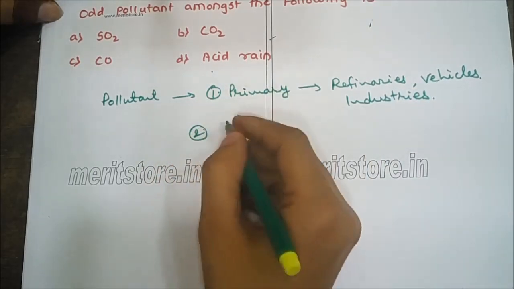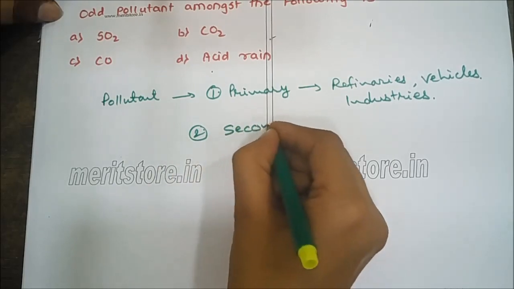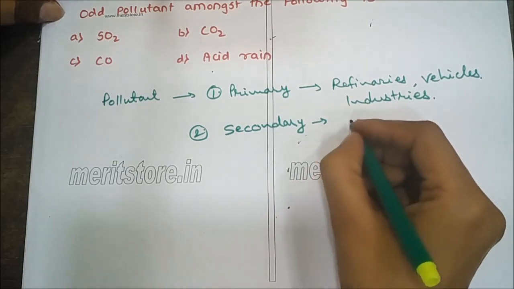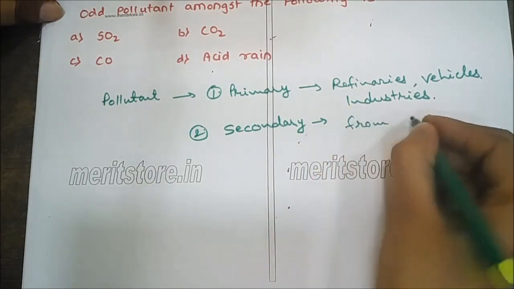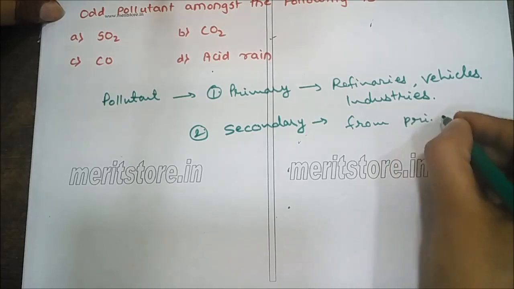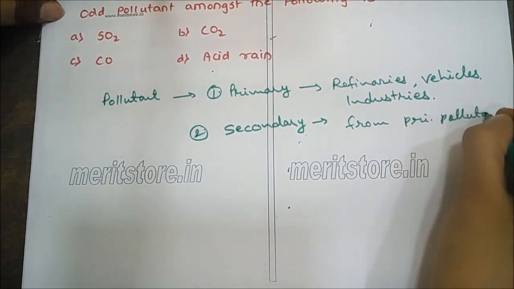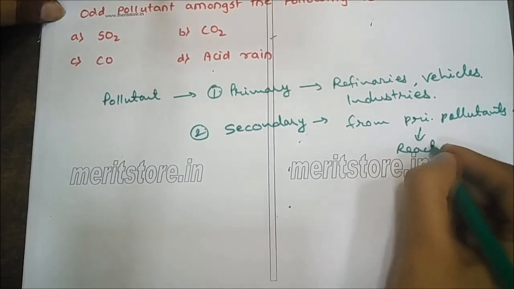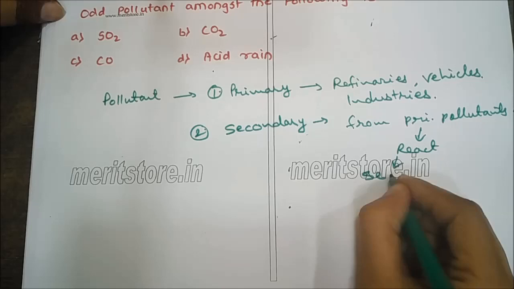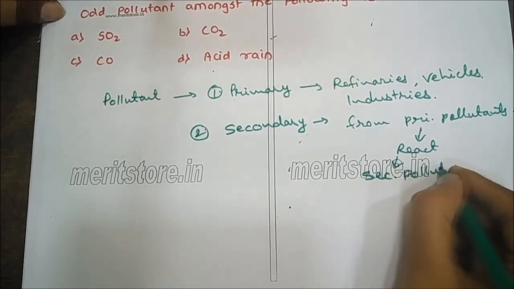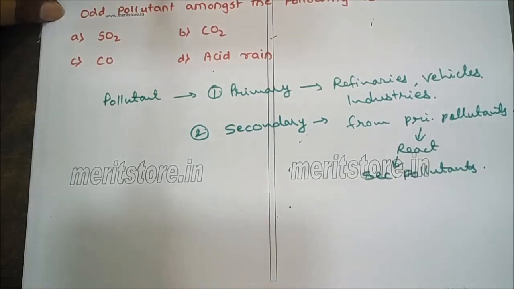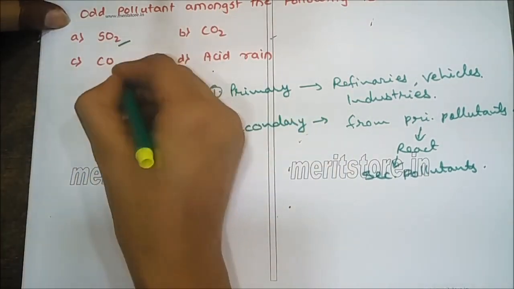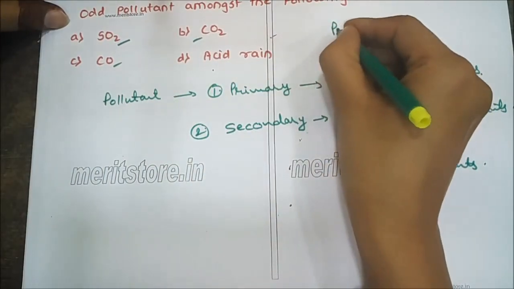But there is another type of pollutant, that is secondary pollutant. These secondary pollutants are produced from primary pollutants. These primary pollutants react to produce secondary pollutants. So sulfur dioxide, carbon dioxide, and carbon monoxide, all these three are primary pollutants.